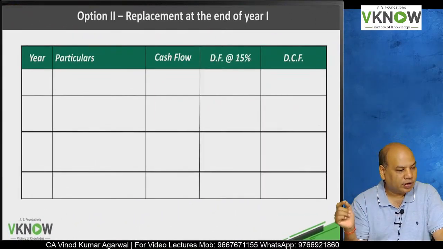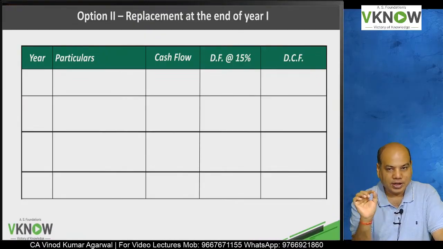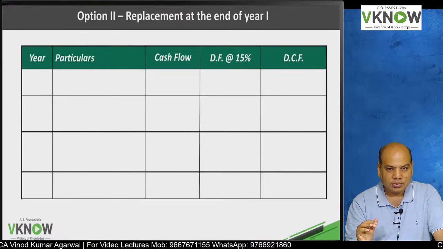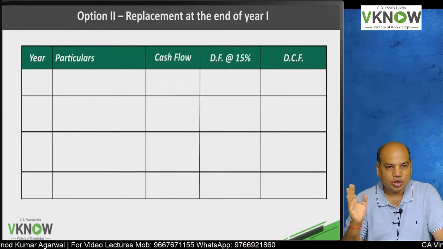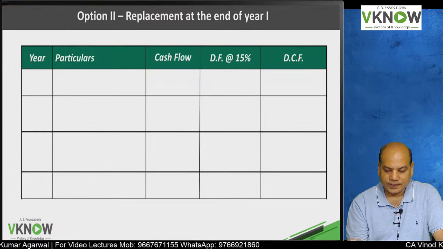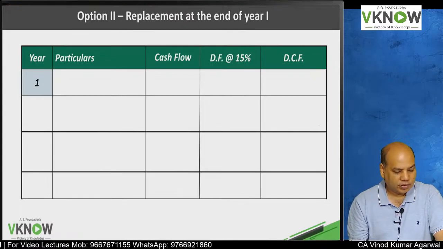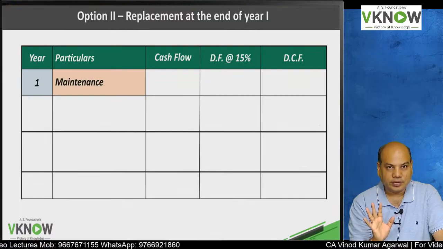Now write down option 2. Replace at the end of year 1. Use the old asset for 1 year, then use the new asset for the next 3 years. Draw the format first. Now I am going to first use it for 1 year.